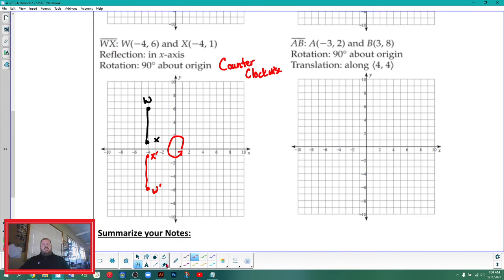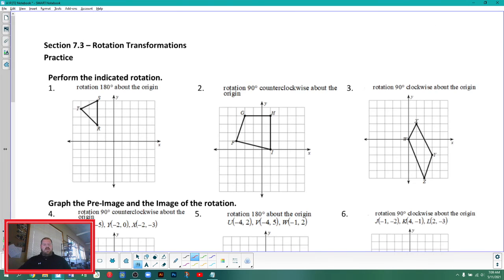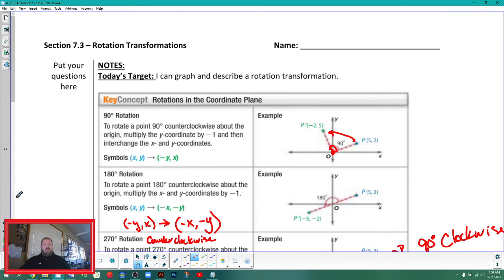Okay, so I want to rotate it 90 degrees. Okay, 90 degrees counterclockwise. If we go back to our rotation rules for our coordinates, 90-degree rotation counterclockwise. So I messed this up here, but that's okay.